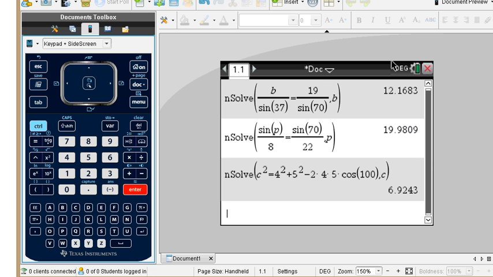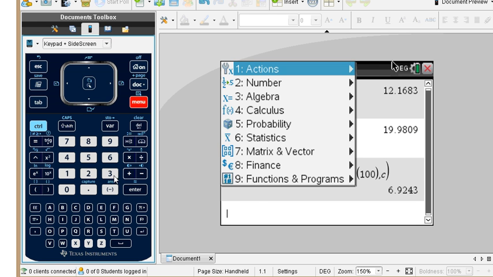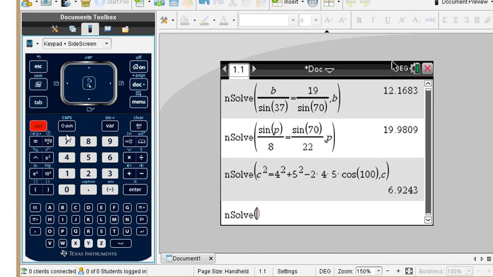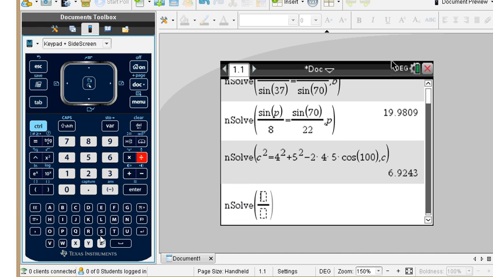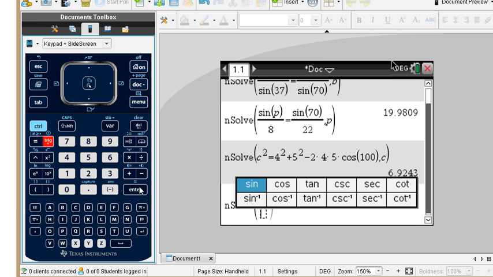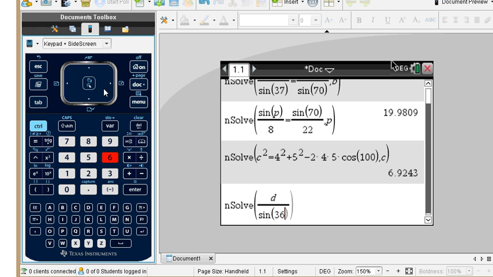And so we go to our calculator again, menu 3-1. We get our D, which is what we're trying to find, over the sine of 36 degrees, and that is equal to the distance, which is 20, over the sine of 67 degrees.